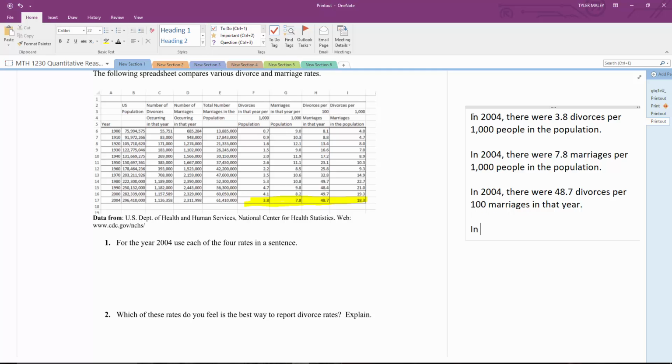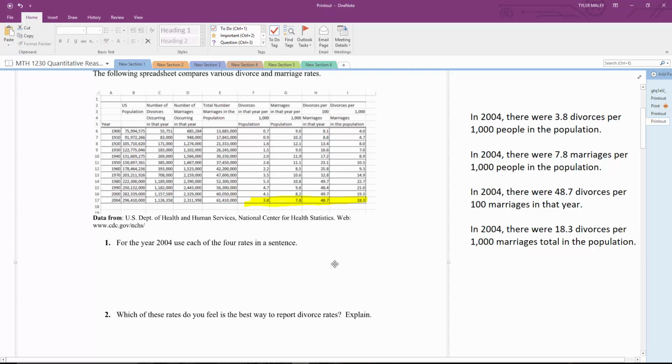And then in 2004, there were 18.3 divorces per 1,000 marriages total in the population. So that's number 1.